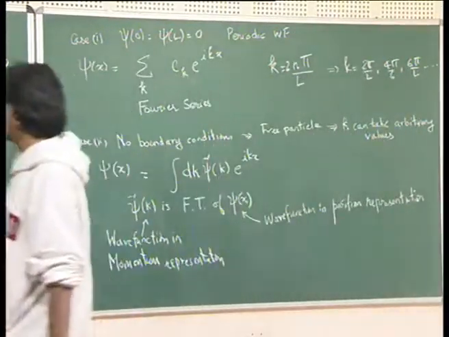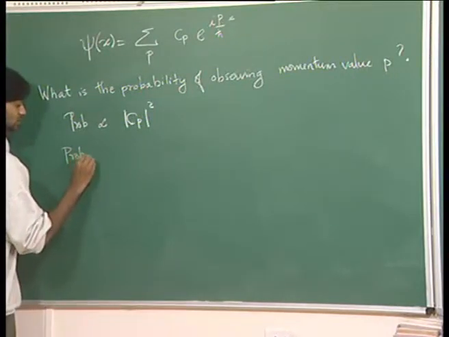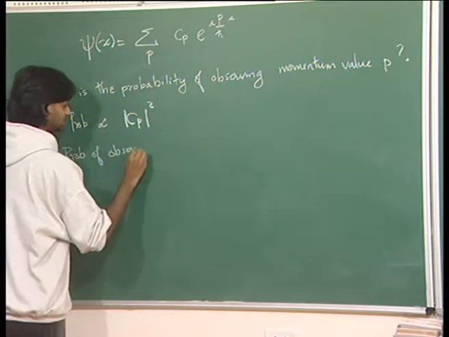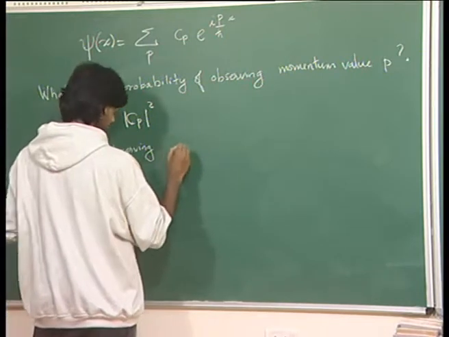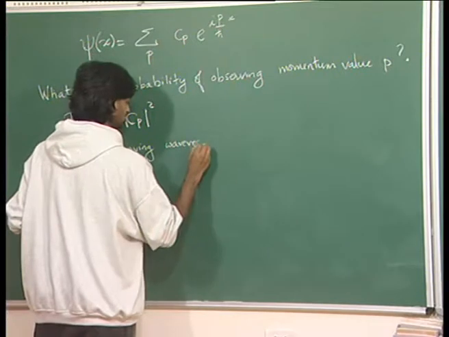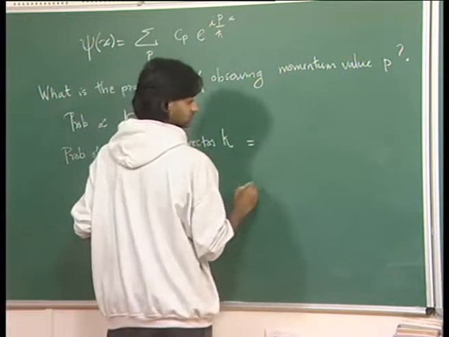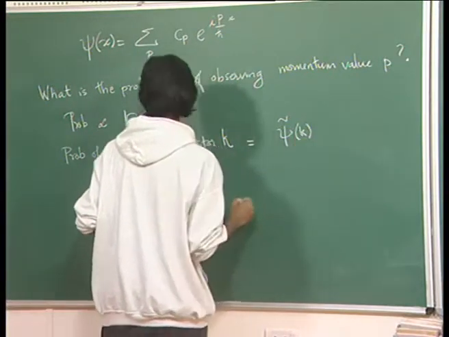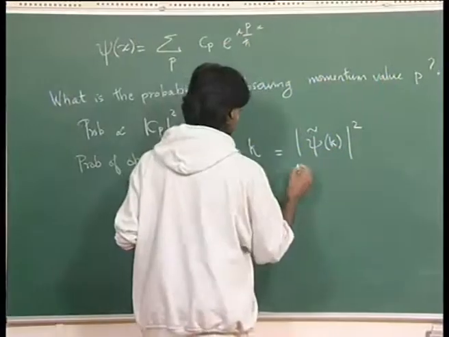That means the probability of observing wave vector k is equal to psi tilde of k square.